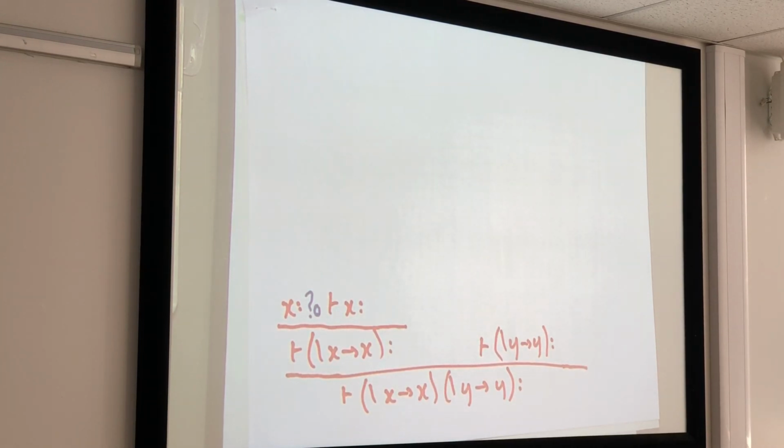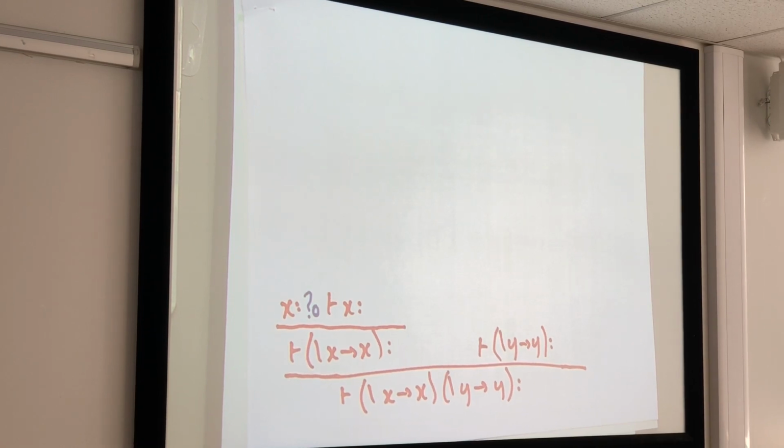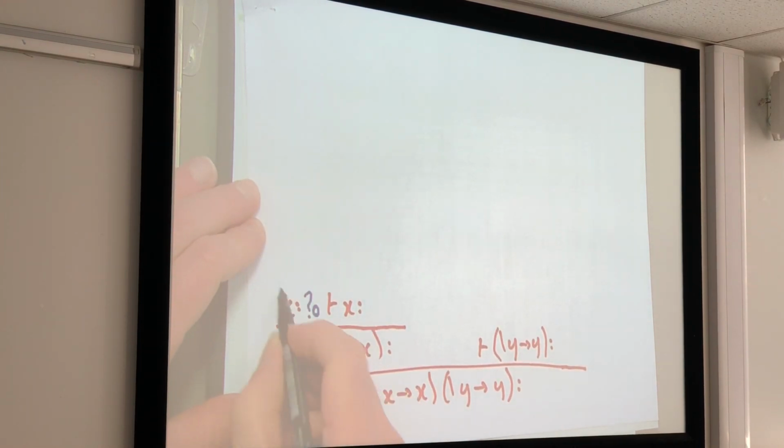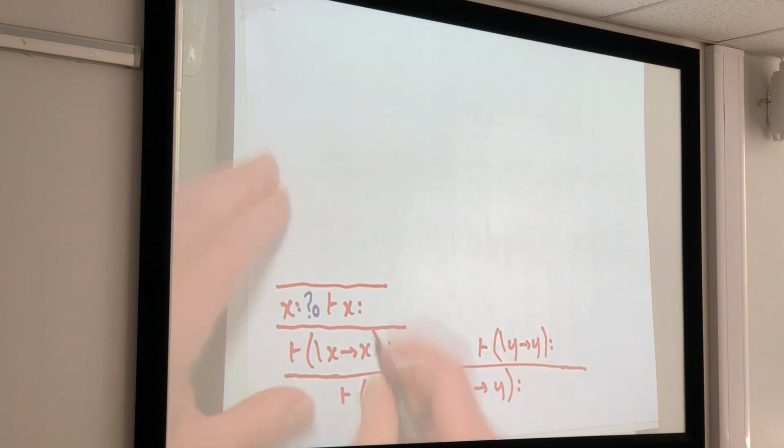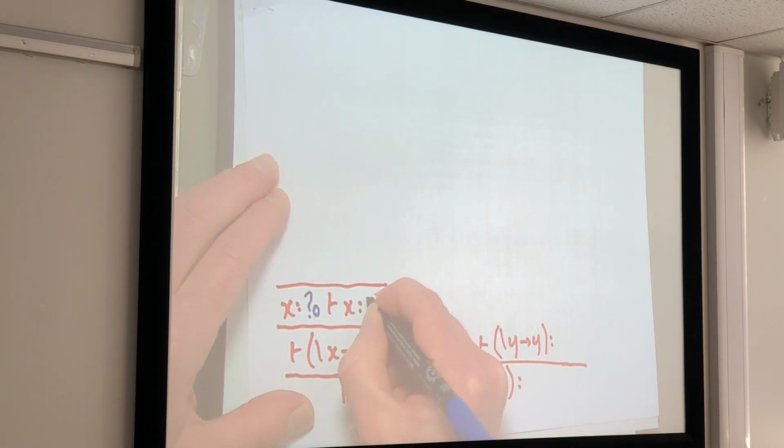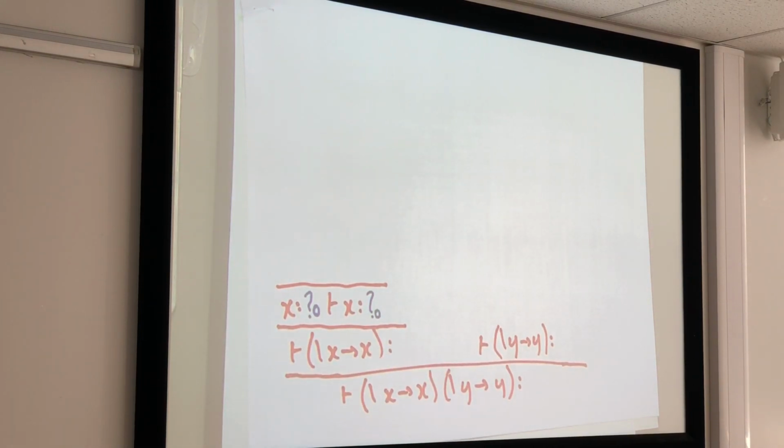Are we now in a position to figure out the type of X? Well, in as much as we at least have a name for it. So we can use the variable rule to give back a type for X, that's question mark 0. Okay? And now we can fill in the next bit.